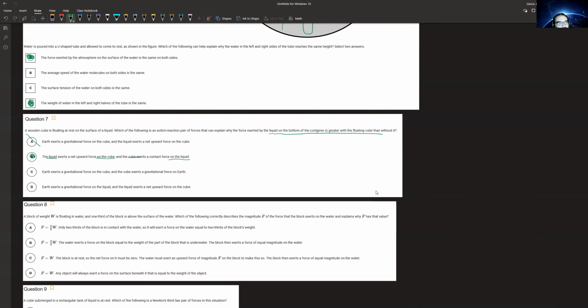Let's go ahead and look at the other ones. C: the earth exerts a gravitational force on the cube, and the cube exerts a gravitational force on the earth. This is true. This is very much an action-reaction pair. The problem with this is it does not explain why the force at the bottom is greater.